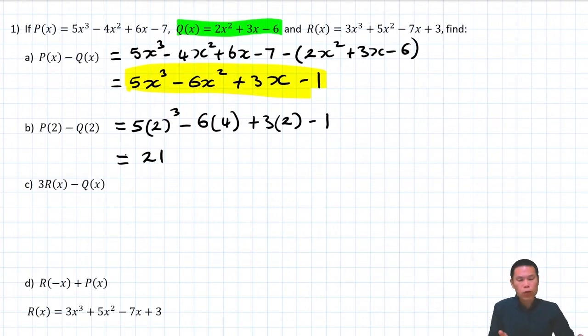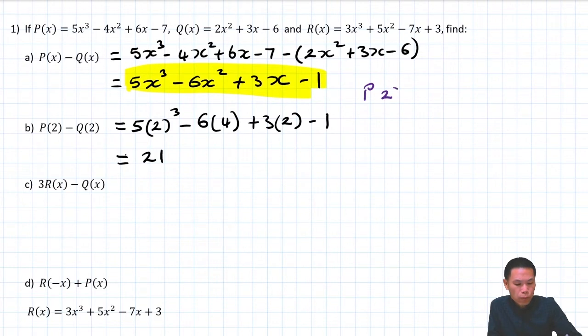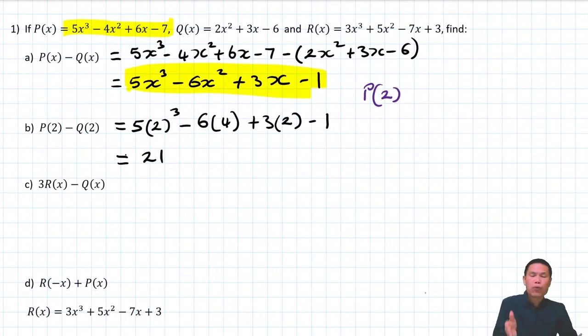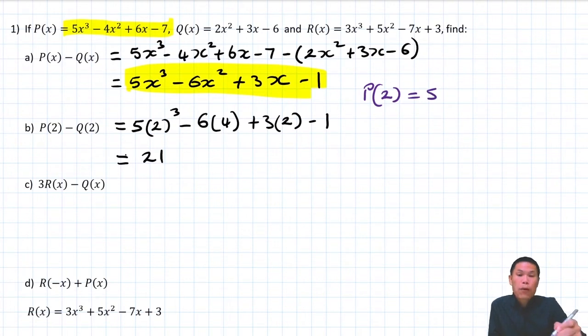So let's try it. We find out p of 2 first, okay? So this is p here. Every time I see x, I replace it with 2. So which is 5 lots of 2 to the power of 3, which is 8. I just write 8, okay? And then minus 4, 2 squared is 4, so it's times by 4.